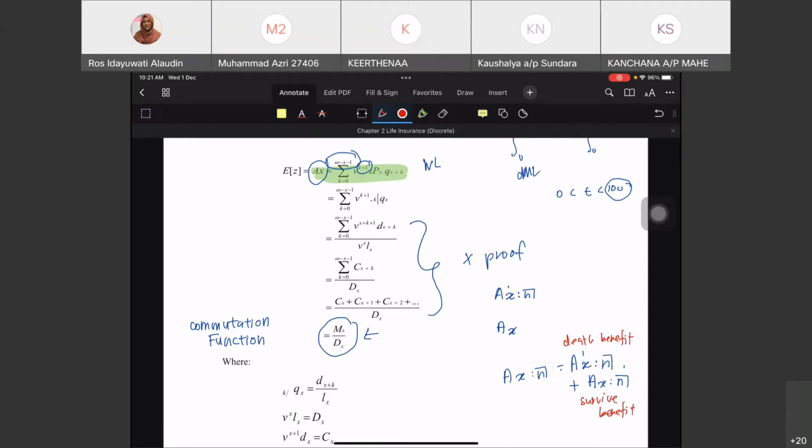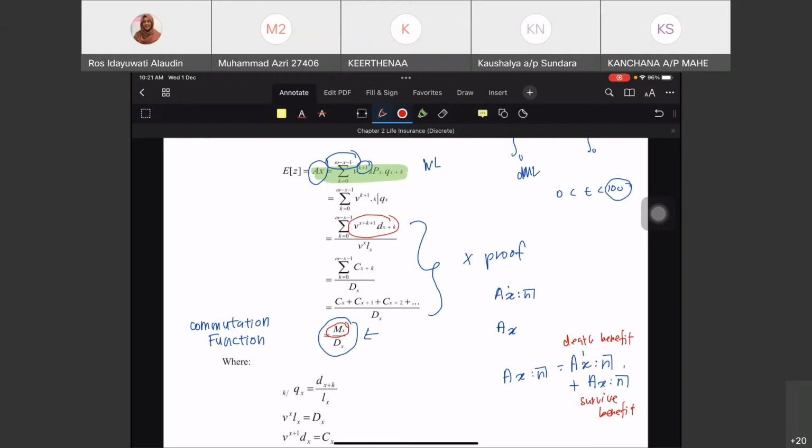So how do we transform this to commutation functions? M here represents the number of deaths. It is actually the summation of dx with the discounted value.